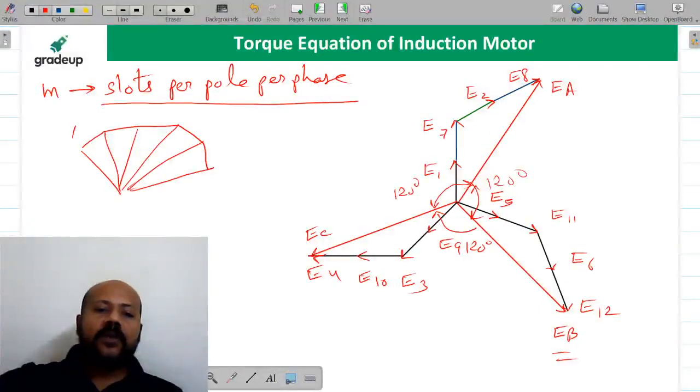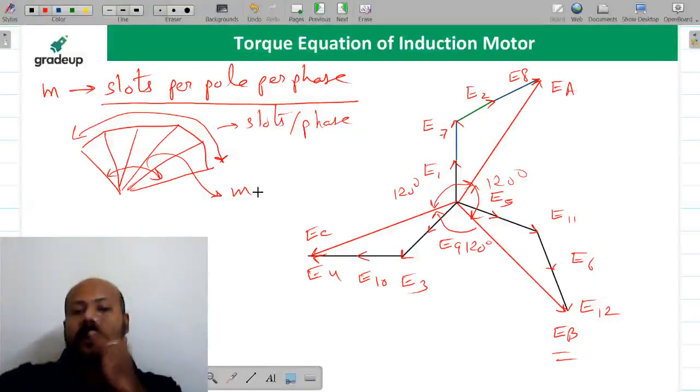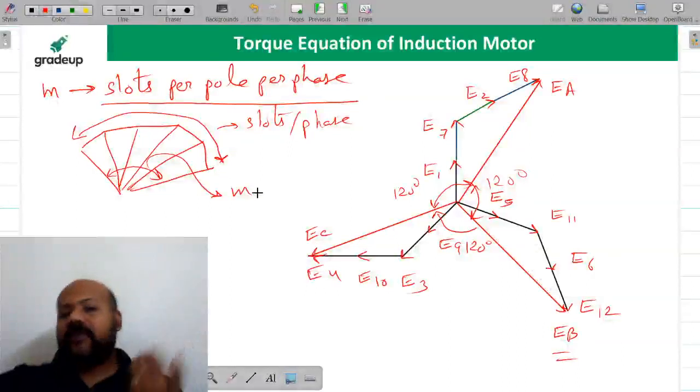Now if this much is for phase A in terms of slots, so it is going to be slots per phase, and this is going to be how much? This angle is going to be how much? If M is the number of slots per pole per phase, see why we are saying per pole per phase?